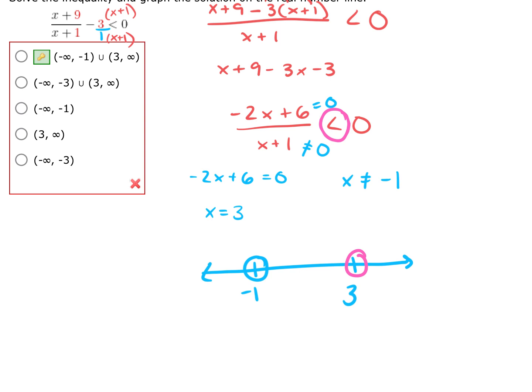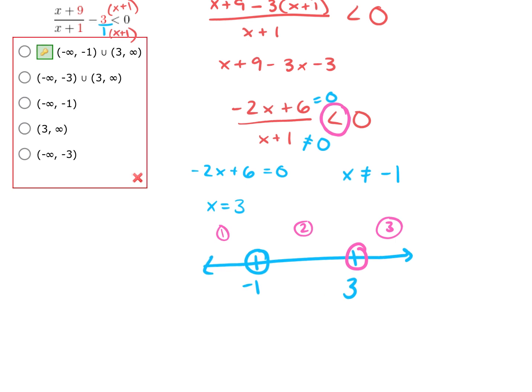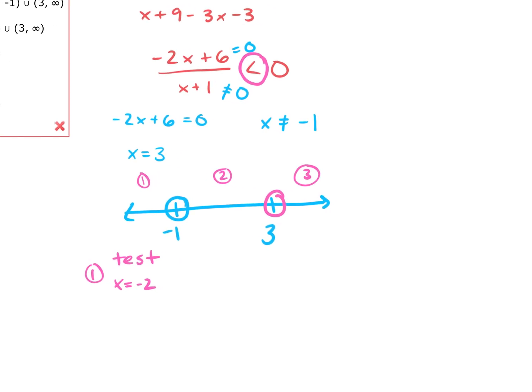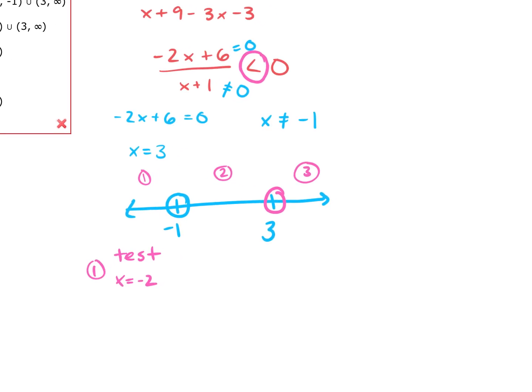So we want to check our intervals. I'll call them 1, 2, and 3. So for our first interval, what's a number that's less than -1? -2. So I'm going to plug in -2 and see if that satisfies my inequality, see if that's a solution set. I'm going to plug it into my simplified equation here, but you can use the original equation that we started with also.